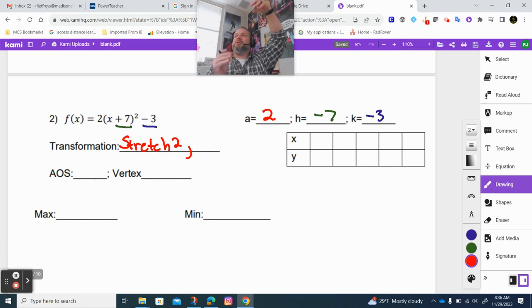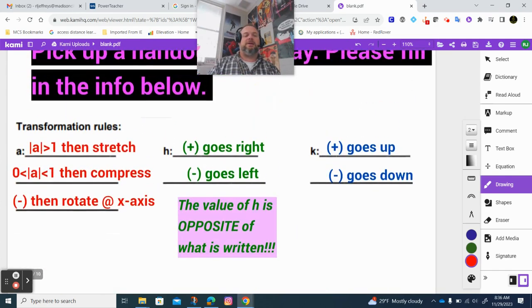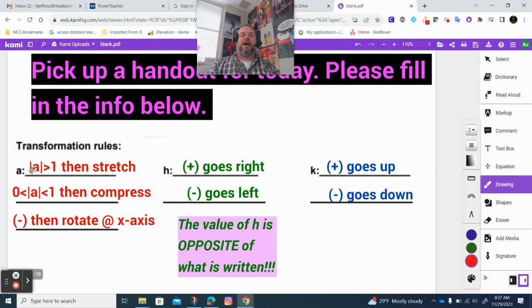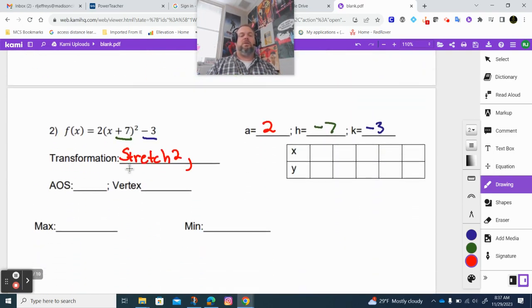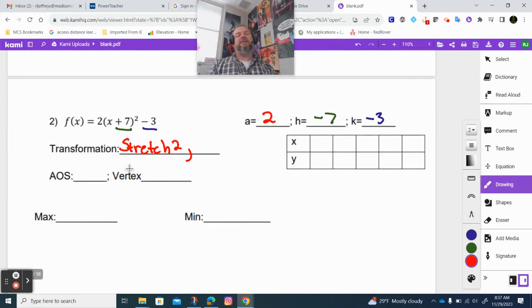You're going to see when we do our y values. All you have to do is write stretch 2. If you're confused, go back and look up here at the stuff that I told you to write. When the absolute value of A is greater than 1, then stretch. Oh, I get it now. It doesn't make sense.